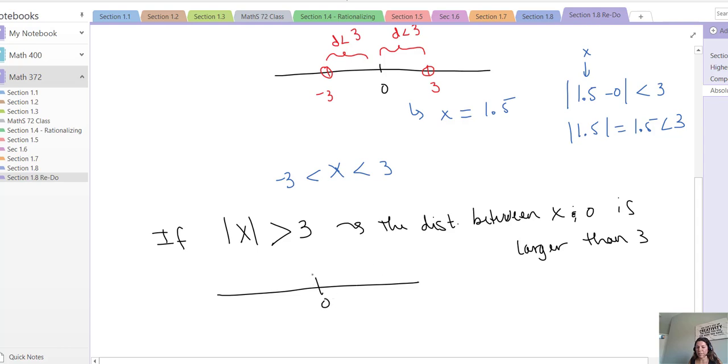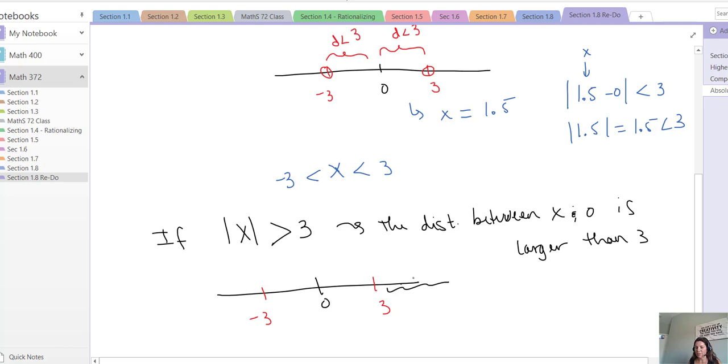So where could x be? Well, I'm going to again go to 3 because that's my reference point, and -3. If x is still in here, notice that between 0 and 3, the distance will be less than 3. But it says the distance between x and 0 is larger than 3, so I want x to live out here.